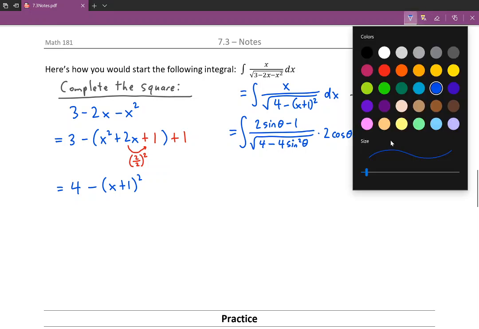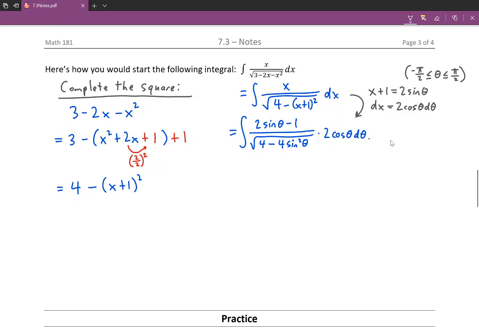And now we're going to collapse the radical. So we've got the square root of 4 minus 4 sine squared theta, and we can factor out a 4.